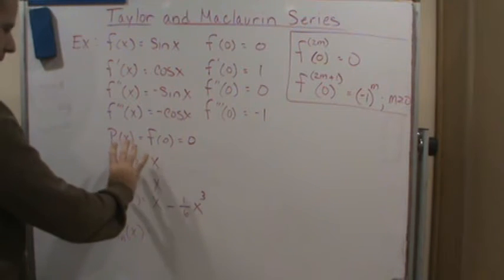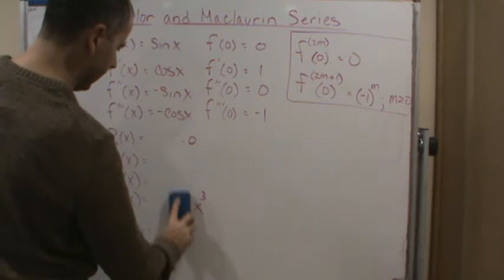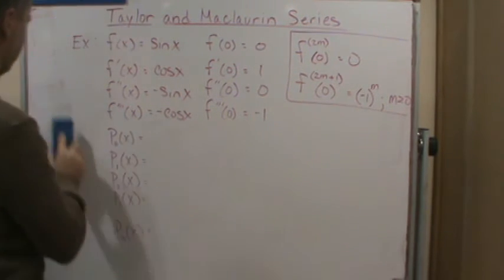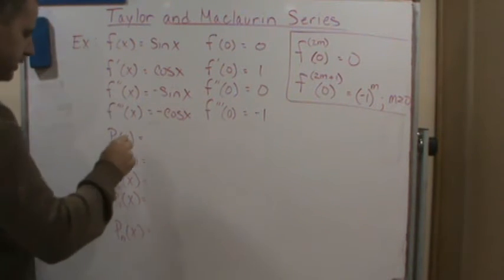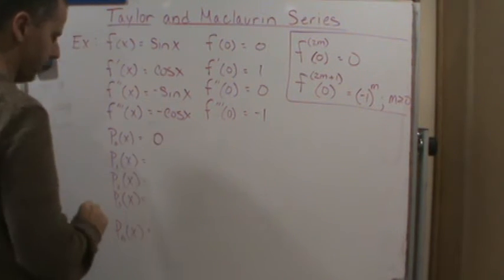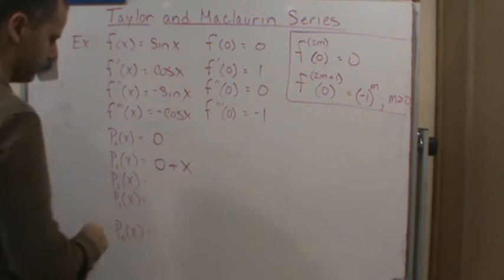And now what I'm going to do is I'm going to write this out with all of the terms. Okay, so I'm going to keep the zeros in there as placeholders. So the first one is going to be 0. And then the next one is going to be 0 plus x.